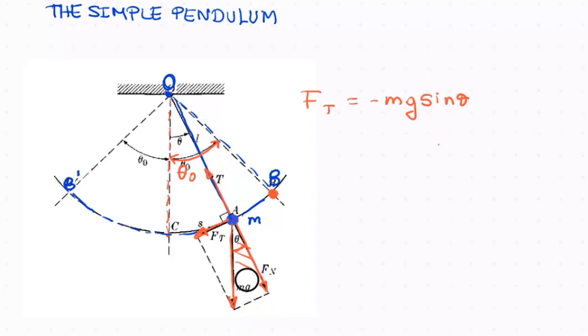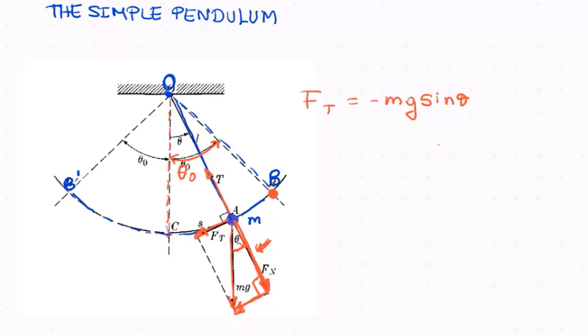If we see this triangle right here, we can see that this is a right triangle, and this is the 90 degrees. This side would be the adjacent component of the triangle, and this side would be the opposite component.